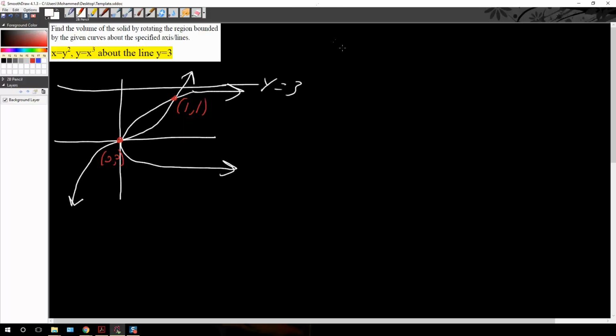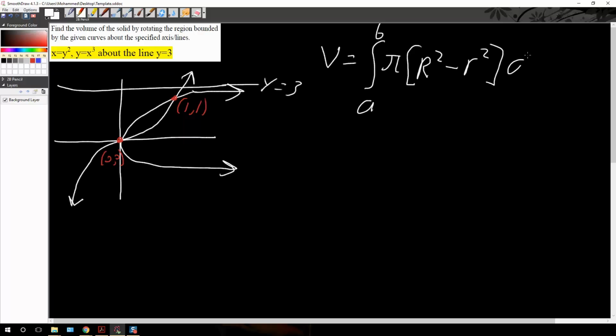So the washer method formula is like this. V equals the integral from a to b of pi times big R squared, we'll go over what that is, minus little r squared, and it can be in terms of dx.